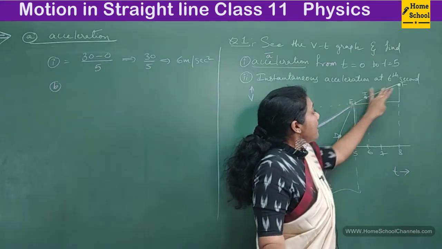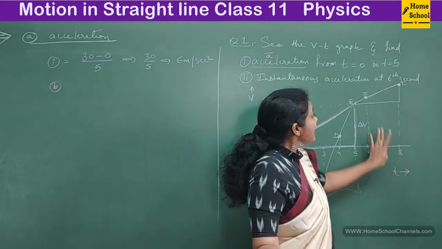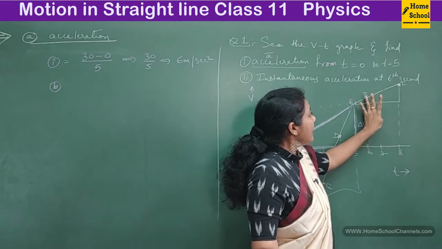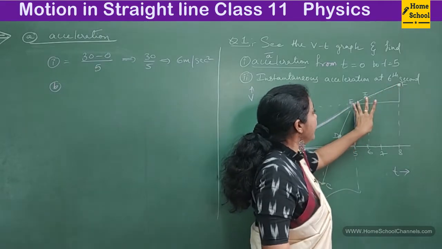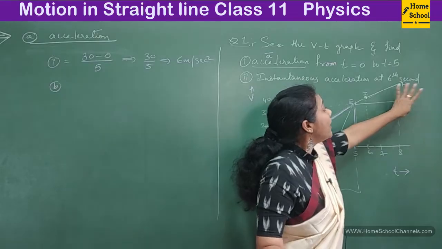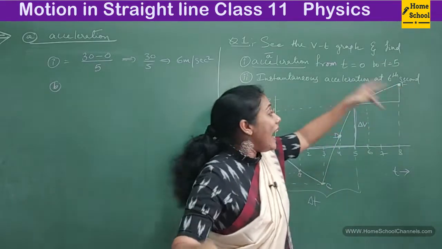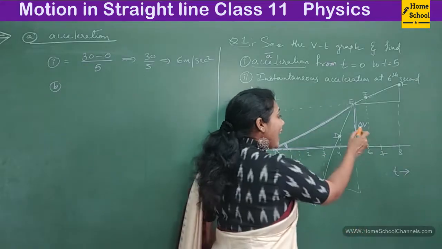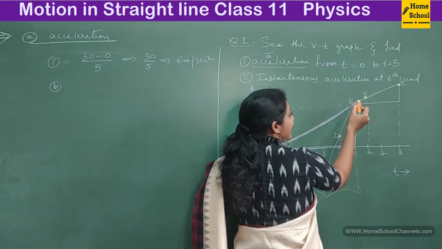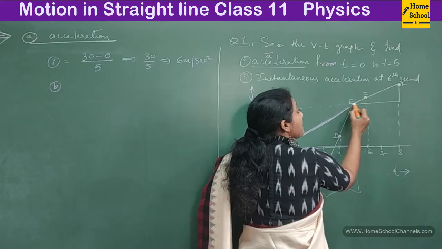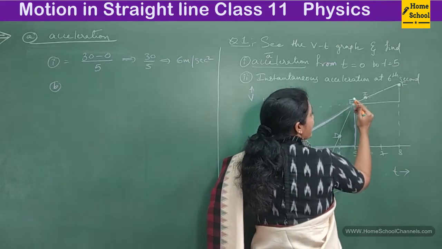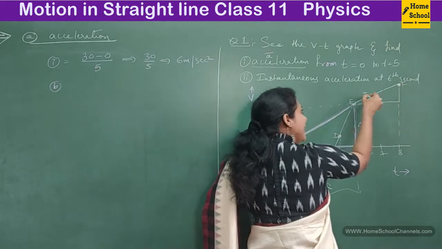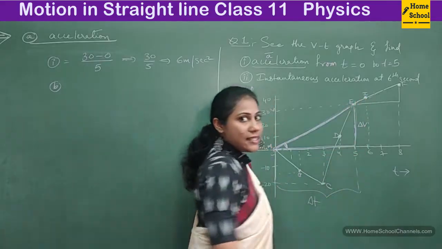Okay, so if something is a straight line, the instantaneous value at any instant in this line between E and F will be equal to the average acceleration between E and F. Okay, so they asked you to calculate instantaneous acceleration, but I am calculating average acceleration between E and F. That will be equal to this instantaneous acceleration.